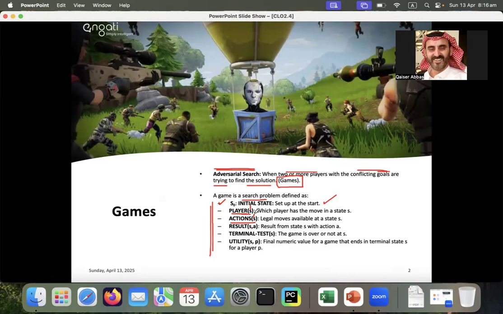In that tree there would be nodes, and those nodes would be the states. On each state you will have further nodes, which means you have further actions on that state. So Actions(S) means what are the legal moves available at state S. And then Result(S, A). S is a state, A is the action.